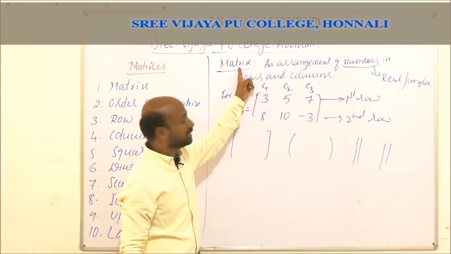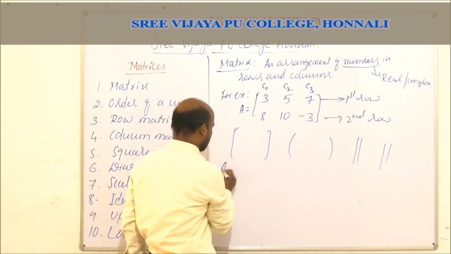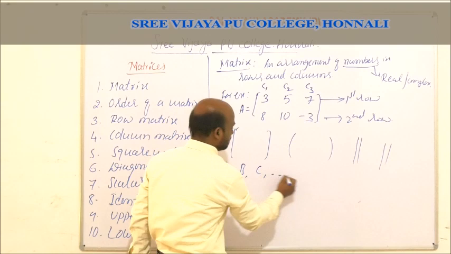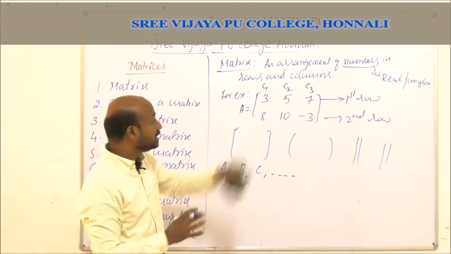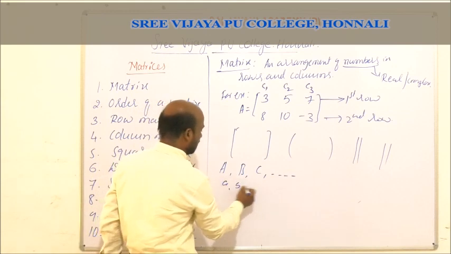Generally matrices are represented using capital letters like A, B, C, and the elements in the matrices are generally represented by small letters a, b, c.